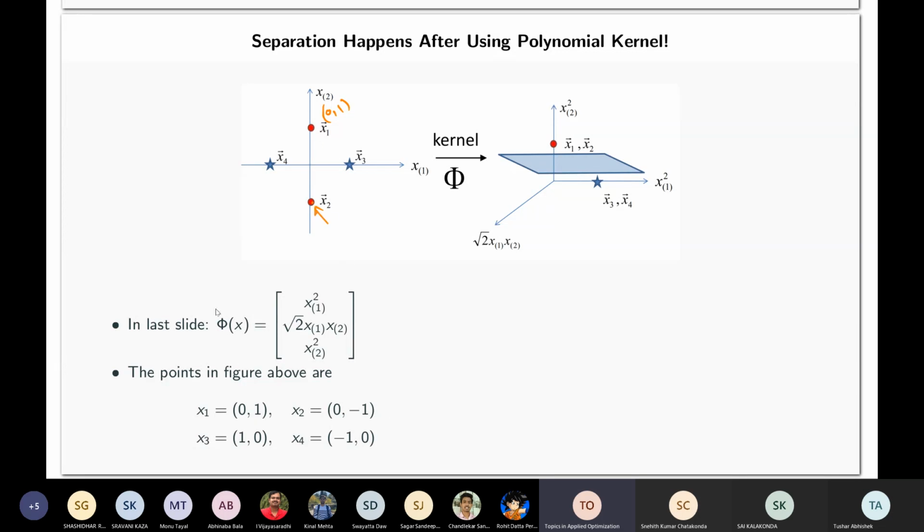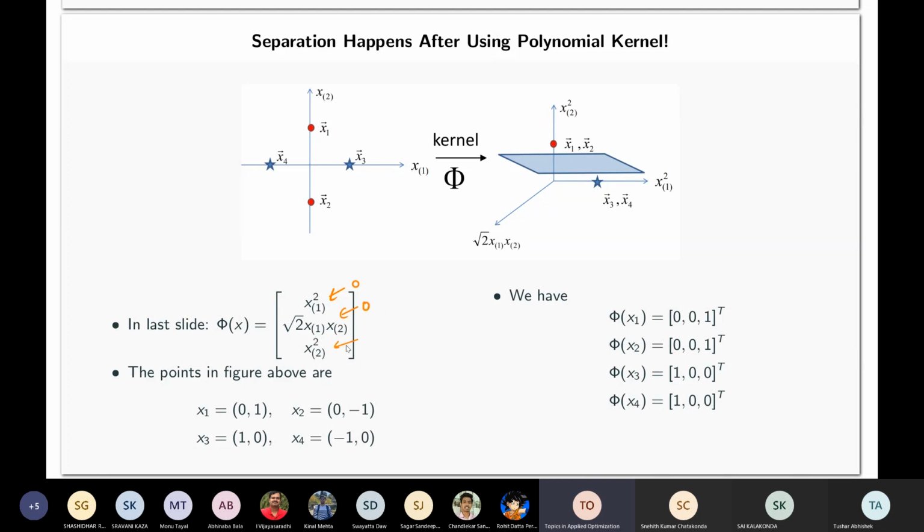Now let us multiply these points by this feature mapping. Let us see what phi does to the x1 vector. x1 is 0, 1. So here we put 0, and since x1 is 0, the first component is 0, and this is still 0, and then x2 square, where x2 is 1, so this is 1.